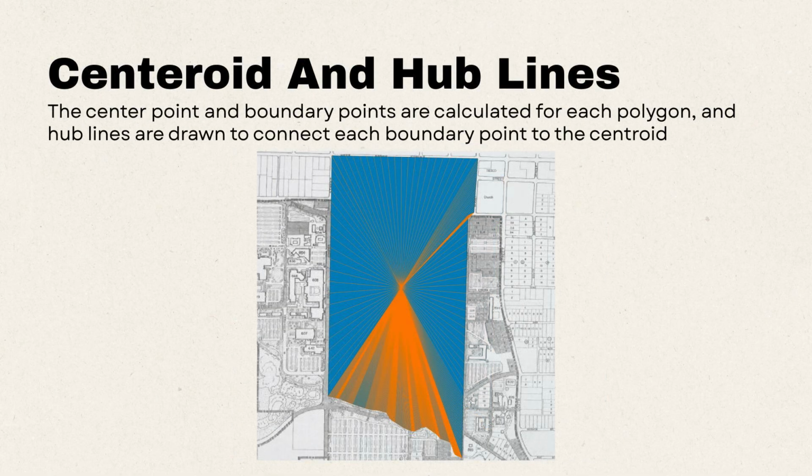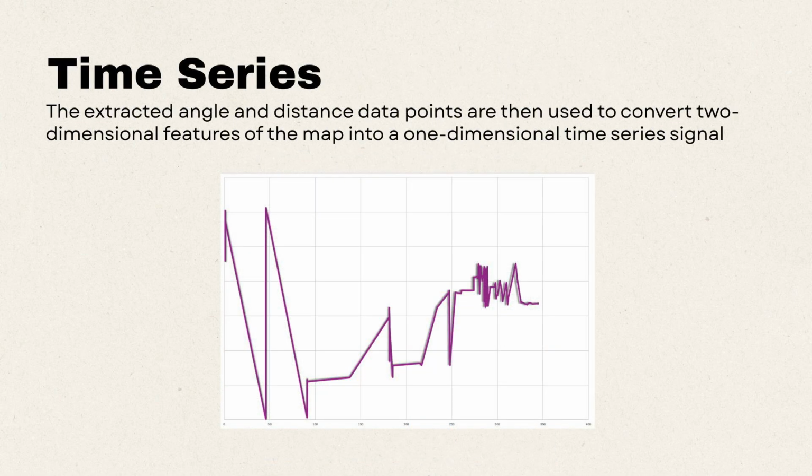For each polygon, we calculate its centroid and draw hub lines connecting it to every boundary point. From those hub lines, we extract radial distance data, recording the angle and distance for each one. We then convert those values into a one-dimensional time series signal representing each map feature.